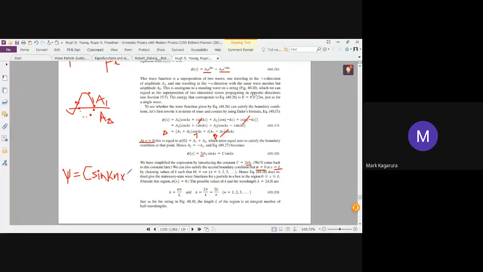So we have just introduced an n because each of these standing waves is valid.